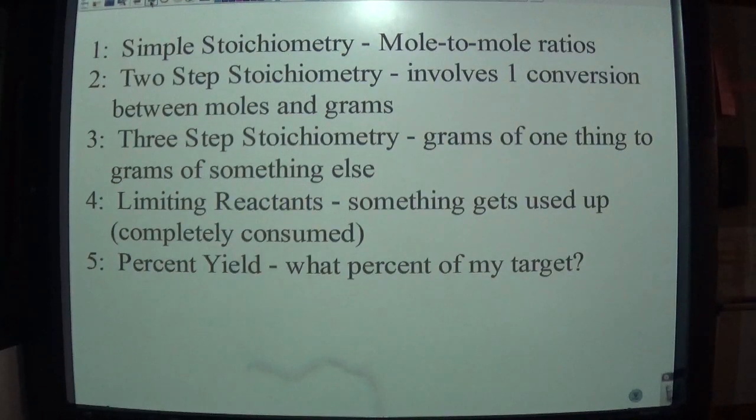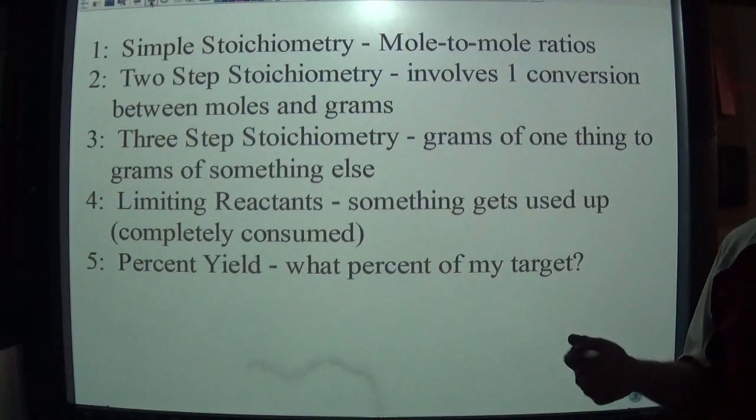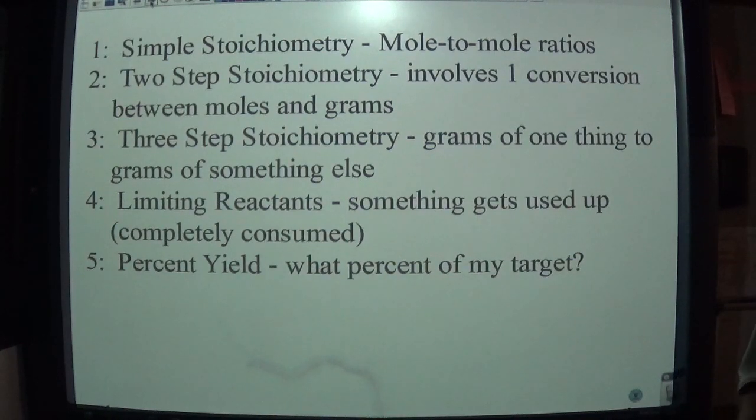So with limiting reactants, they will tend to give you two values of reactants. They will say, if I reacted 10 grams of A with 10 grams of B, how much of C can we make? And it's not 20 grams. It's some other amount, because there's a limiting reactant that's going to occur. And then finally, what we just covered right now, this idea of percent yield. What percent of my target did I actually produce?